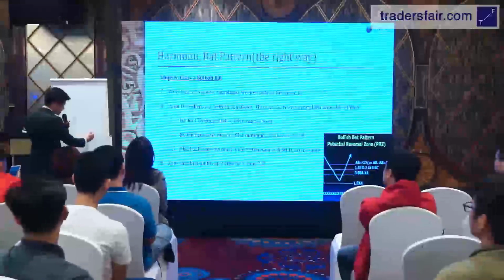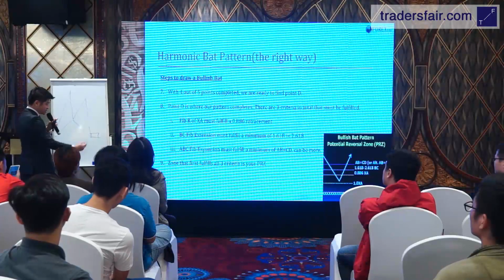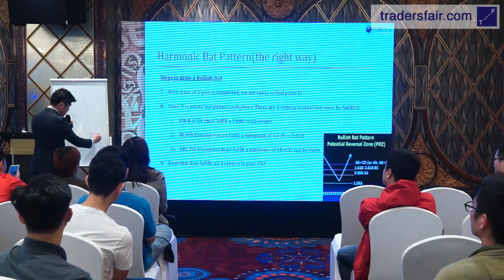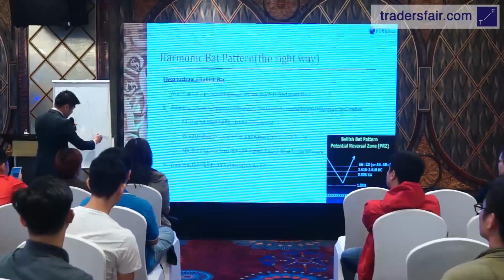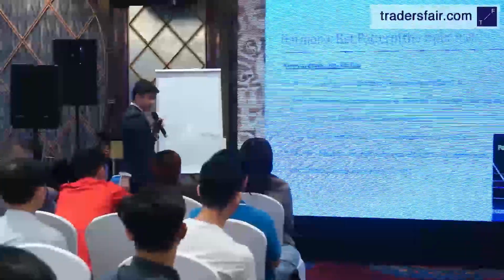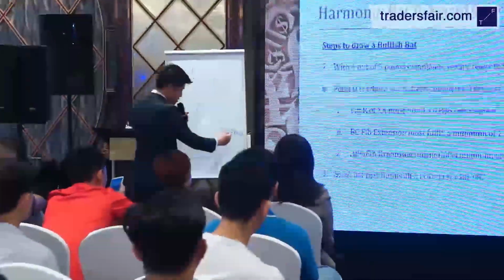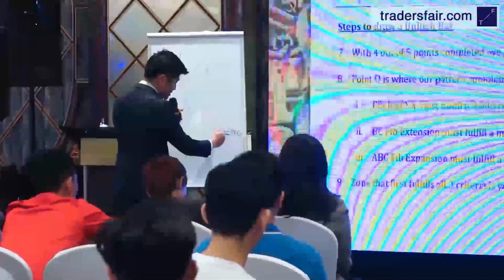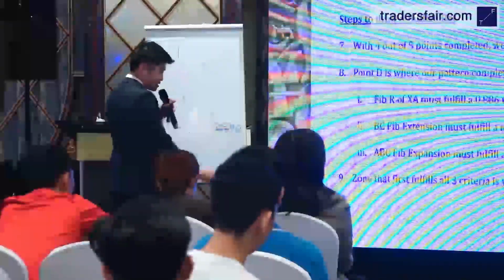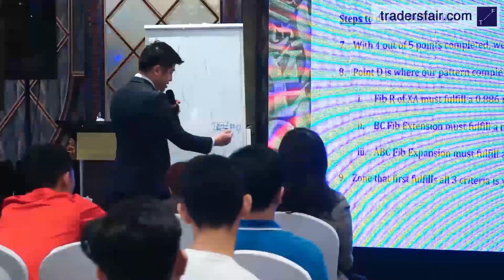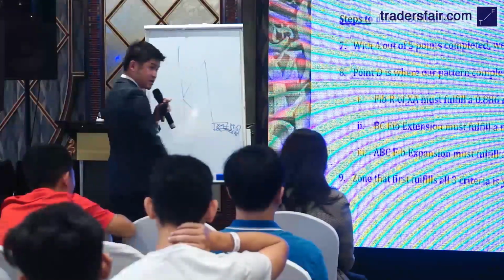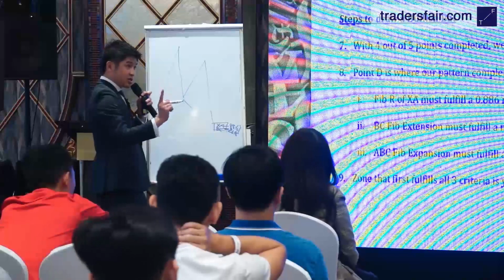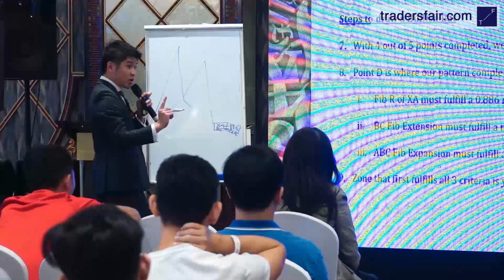Let's say over here is your bad pattern. This is your 88.6% of XA. Over here, let's say it's BC 2.618. It's not valid. Cannot.